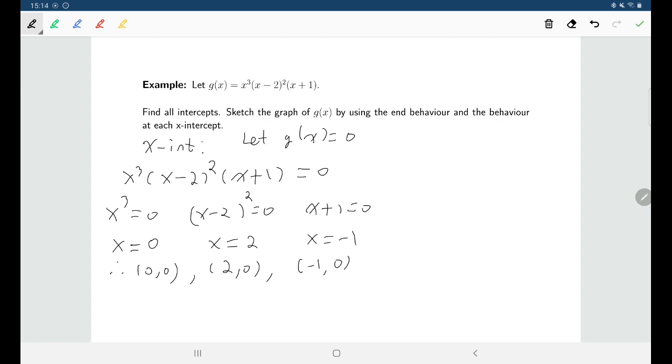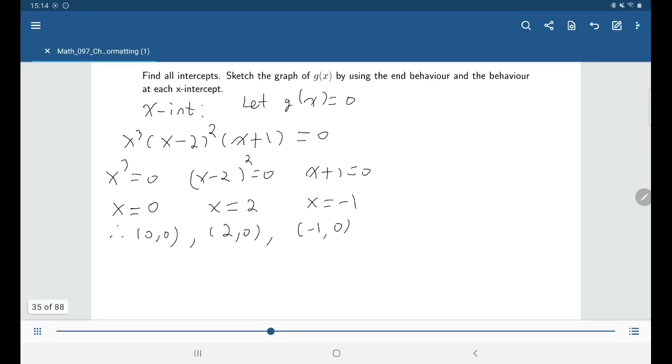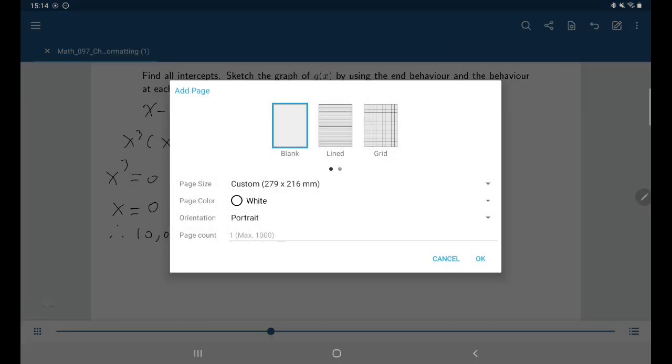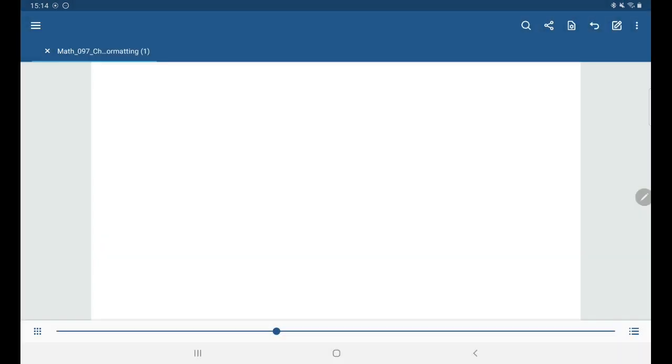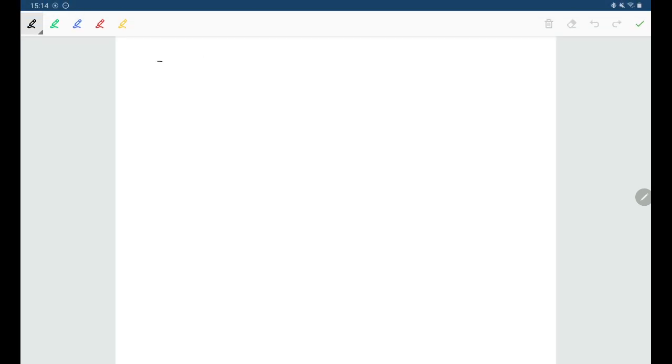The next thing that we need to think about is the behavior at those x-intercepts. So this is where we're going to need to think about multiplicity and all the rest. Remember that the behavior at the x-intercepts depends only on the multiplicity of those factors. So let's make a little table of our zeros, their multiplicity, and their behavior.